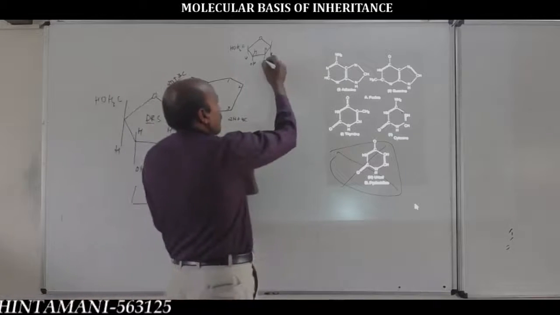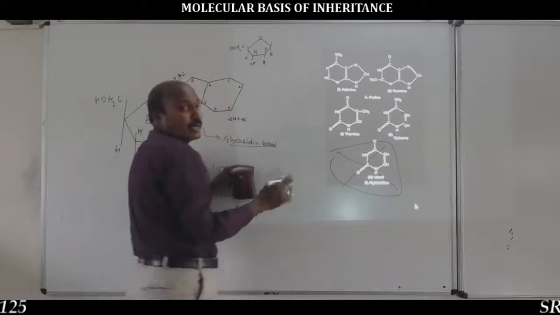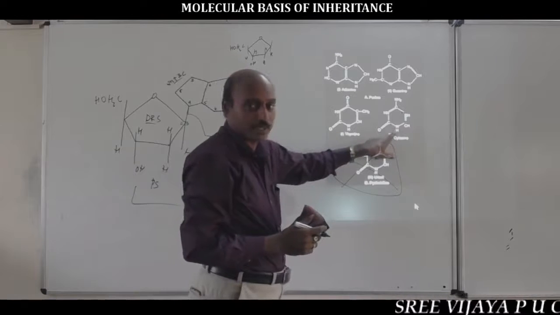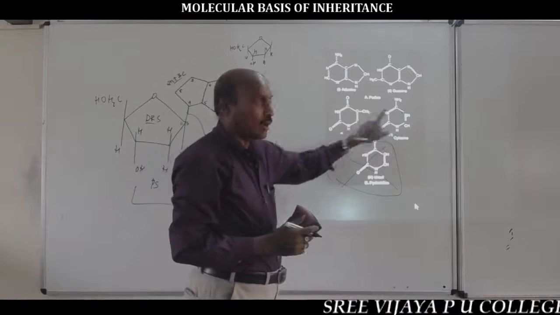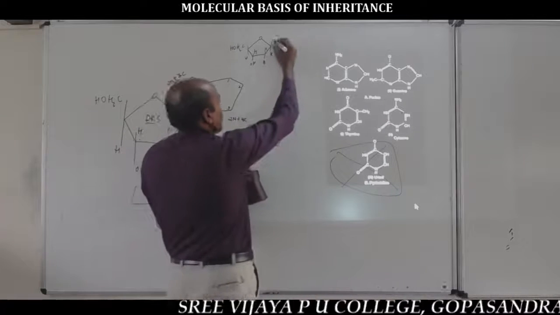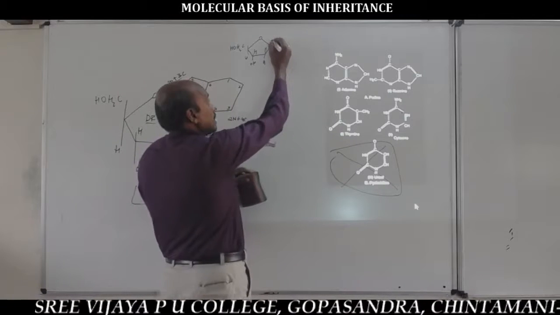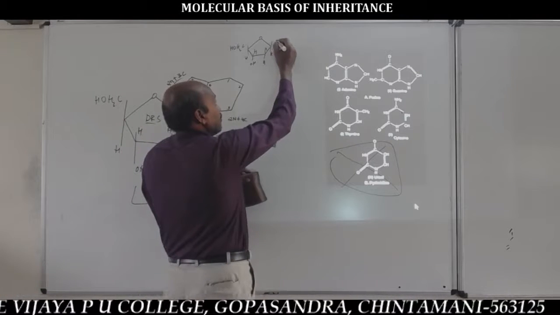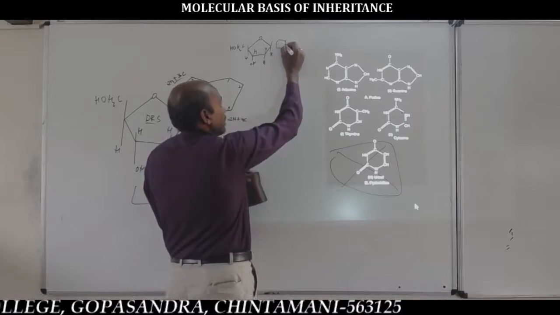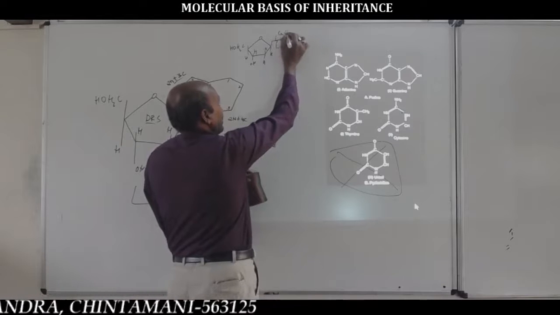To this deoxyribose sugar, a pentose sugar, if the nitrogen base is a pyrimidine, either thymine or cytosine, it binds to the first carbon atom through its first position, through a glycosidic bond.